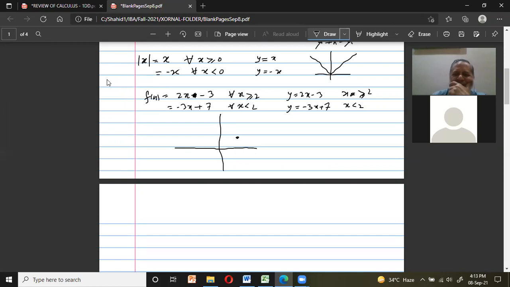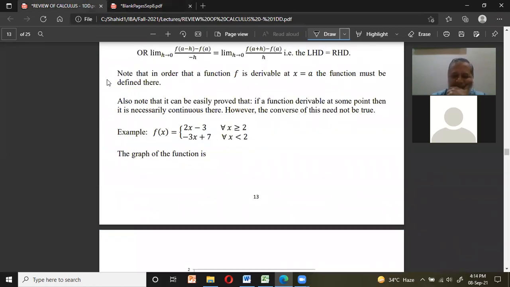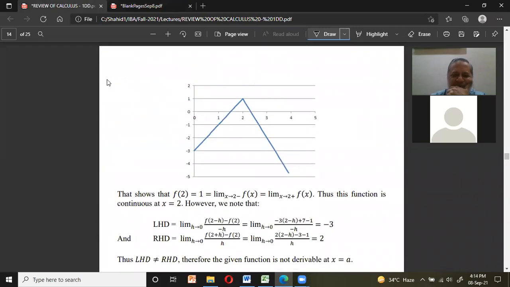This is the point. And if x was less than 2, I would have used this. But I have just used this. लेकिन अगर मैं ये इस्तेमाल करूं तो इससे भी यही वैल्यू निकलती है. But this line y is equal to 2x minus 3 is like this with slope positive 2. This line has slope negative 3, like this. So that graph is not appropriate.